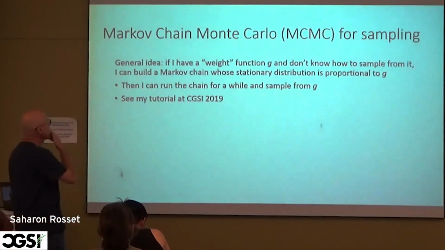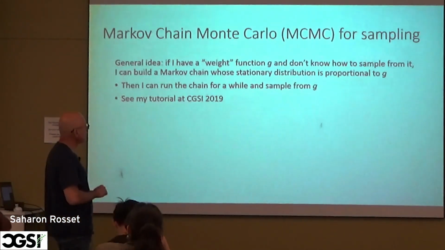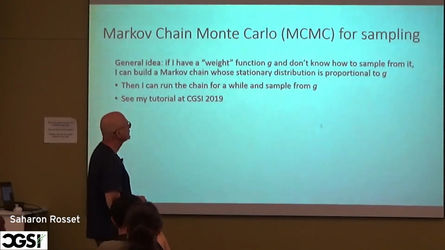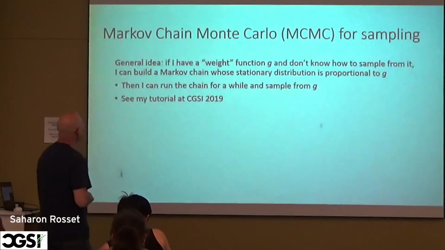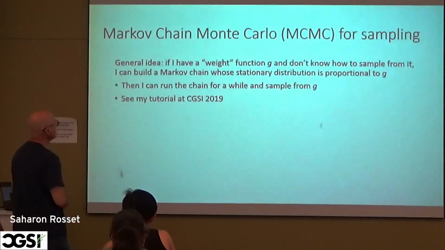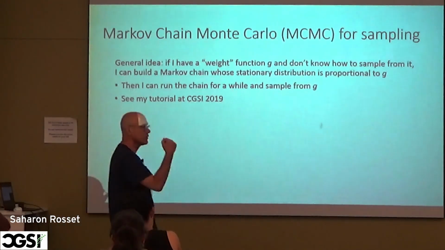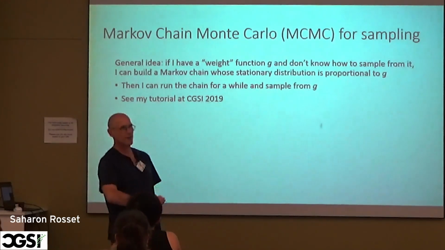And the general idea of MCMC is I have some weight function, as I do here, G, and I don't know how to sample from G. But it turns out that I can easily build a Markov chain whose stationary distribution is proportional to G. And why is that useful?